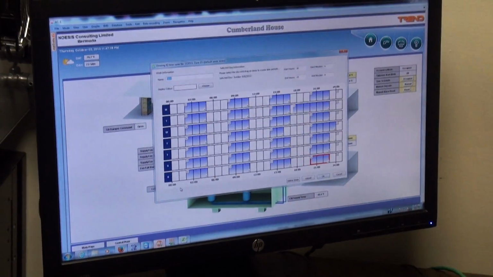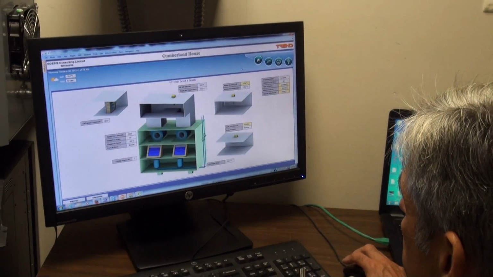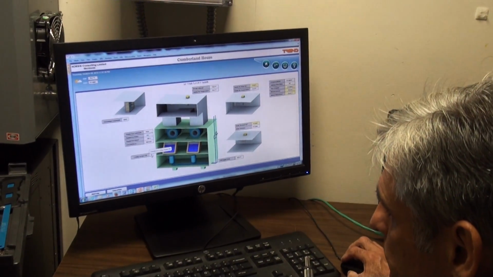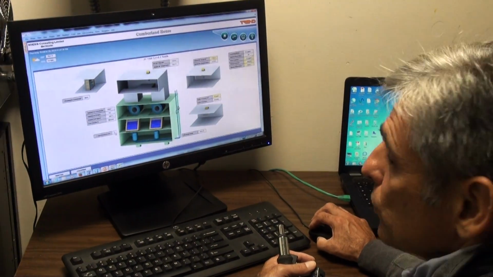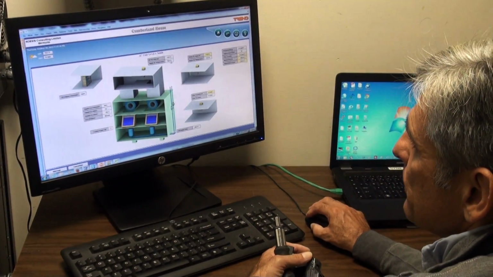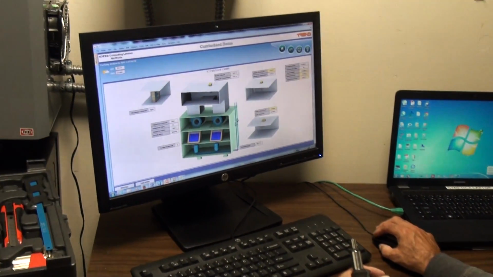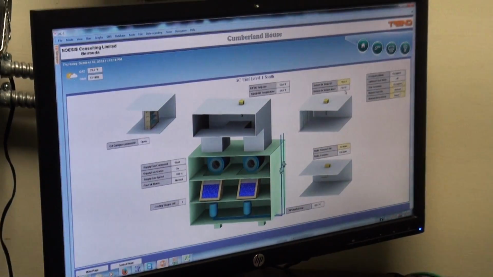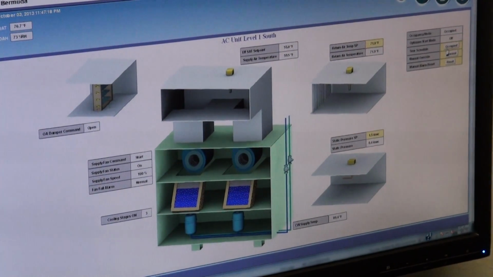Did you see 3 LED lights on over there, Joseph? So that's showing that the drive's running at 100%. 3 stages of cooling. The supply air temperature's dropped. Remember that was in the 60s and 70s? The return air temperature's dropped. Static pressure's risen. And we're in occupied mode.